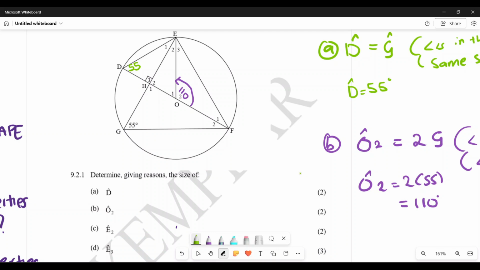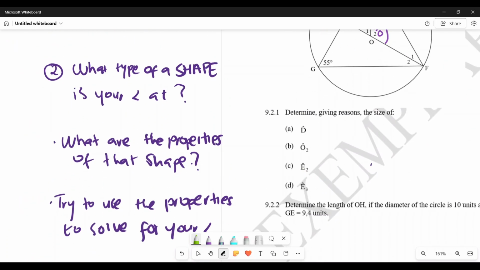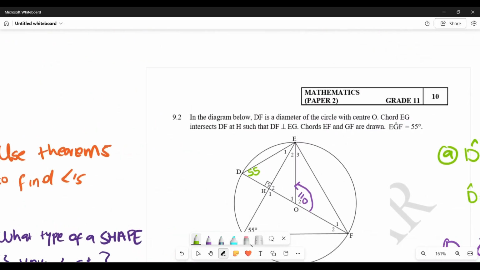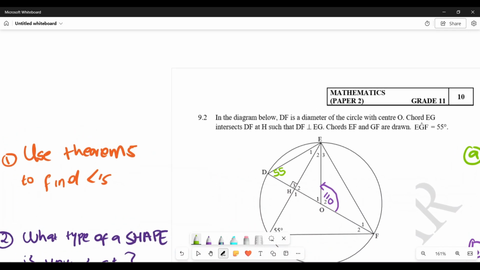So here I'm going to use my second step. What is the kind of shape my angle is at? Now, I'm going to try and separate the triangle that it is at. So I'm drawing it here.